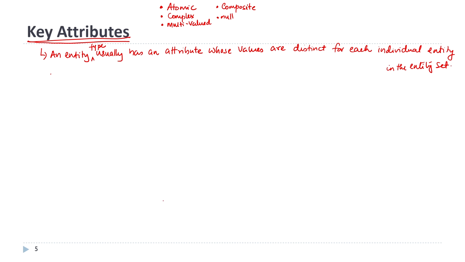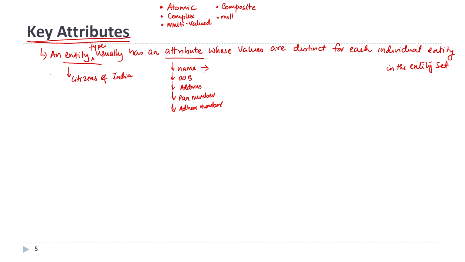Let us call the entity type citizens of India. If the entity type is citizens of India, then there are multiple attributes like name, date of birth, address, a PAN number, and then an Aadhaar number, etc. Let us assume that in this case the name could be same.